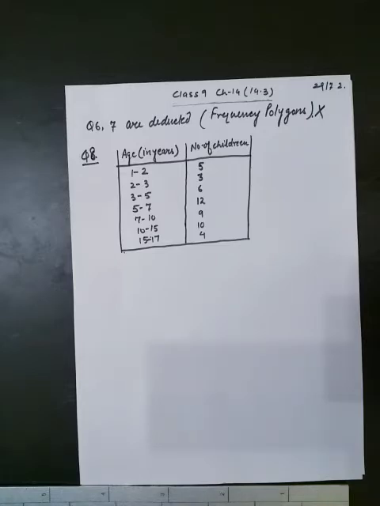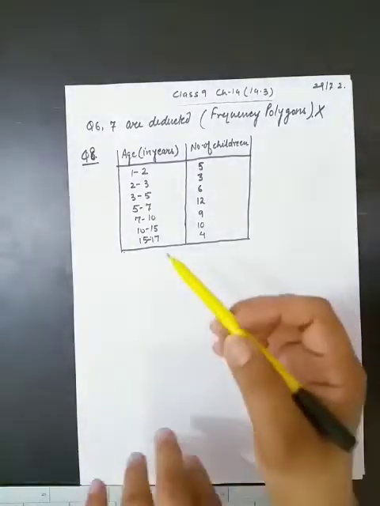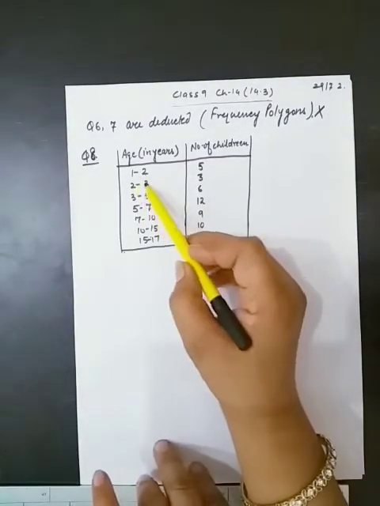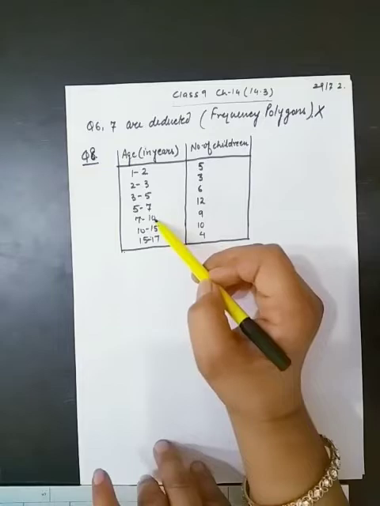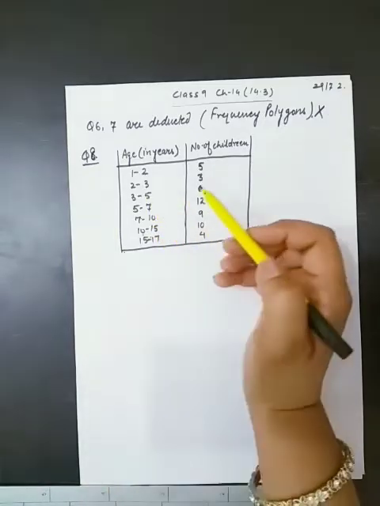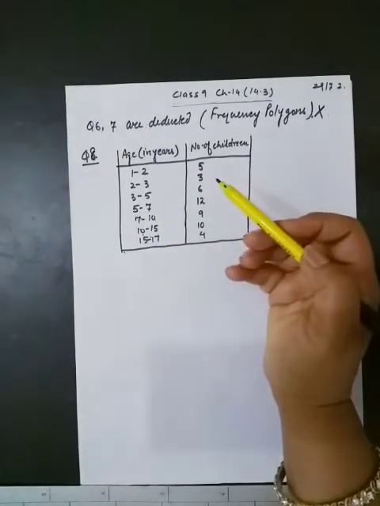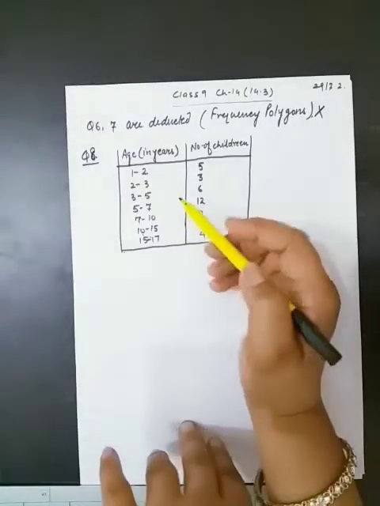And you have to represent this data in a histogram. So for a histogram, let us check our question. To plot a histogram, our intervals should be in continuous form. Here you can see that all the intervals are in continuous form, meaning upper and lower limits of successive intervals are the same.